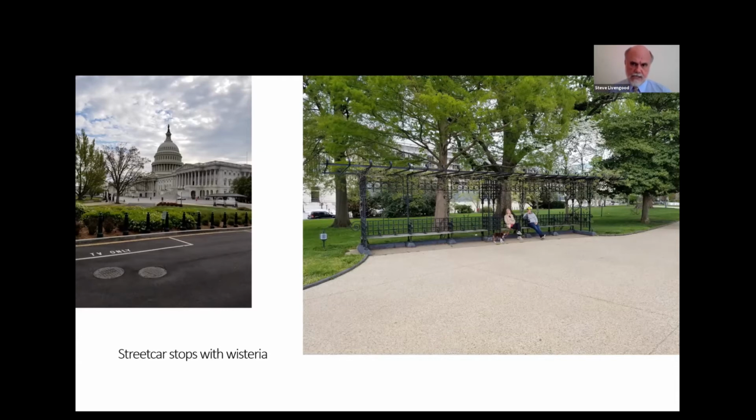This is looking toward the oval and looking across at the Capitol building. This was a streetcar stop, and you can see it's beautifully designed. It's got wisteria growing over it now, and in a few weeks the huge blossoms will be hanging from the top here, and it makes a very pleasant place to stop along the Capitol grounds. But if you notice, he has divided the benches.